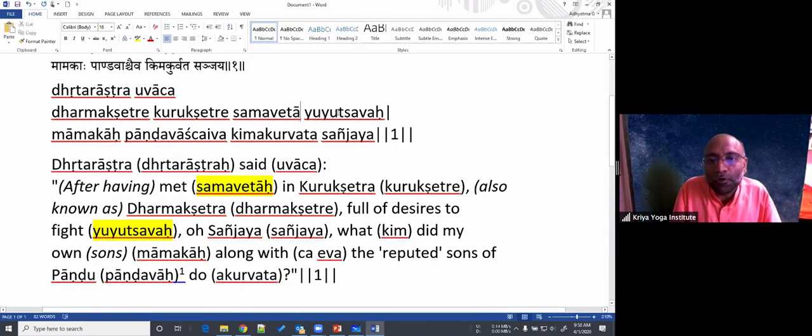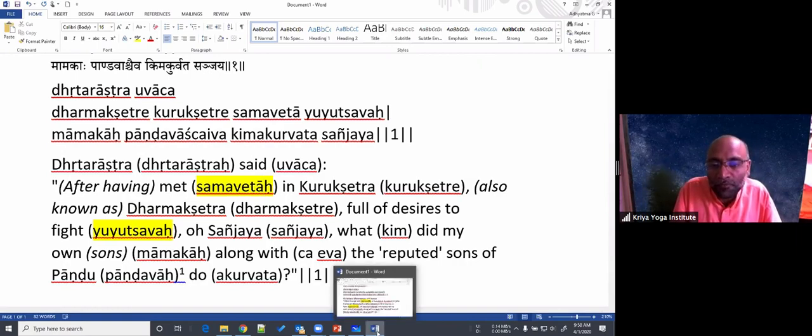If I reverse the order of these two words, which is quite permissible in Sanskrit, and put this one first and this one here, then this Sandhi will not take place. You will actually have samavetaha. So that is the difference. I cannot do that in dharma kshetra. I cannot put dharma and kshetra apart. That is not possible. So that is the one difference between sandhi and samasa.